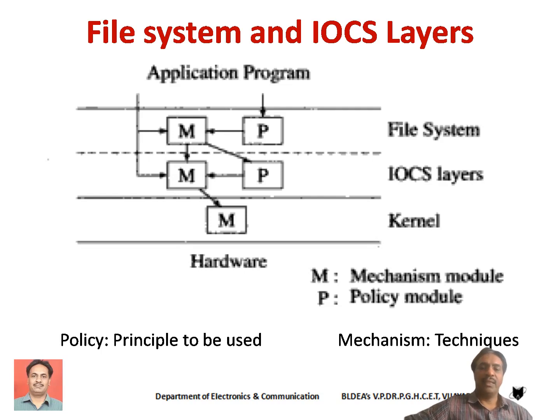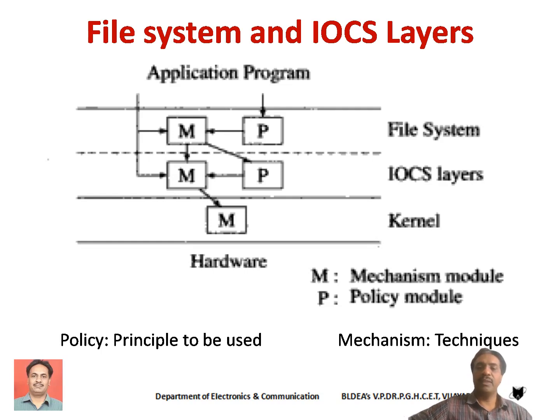Whenever the data is to be accessed, the hard disk can be accessed only by the kernel. The kernel is the only part of the operating system which can directly access the hardware. The IOCS layers form the middle layers. They access the files by using the facilities provided by the kernel layer.